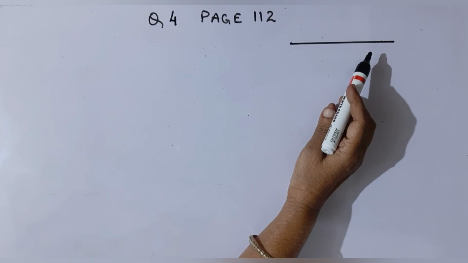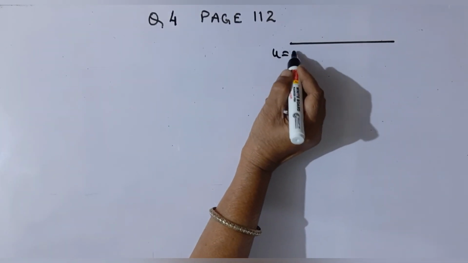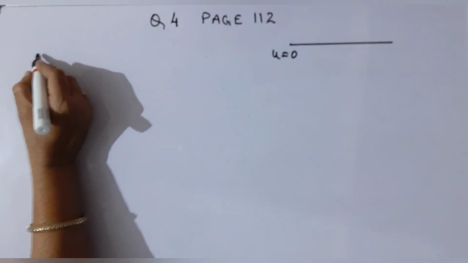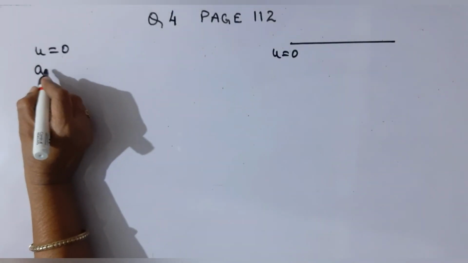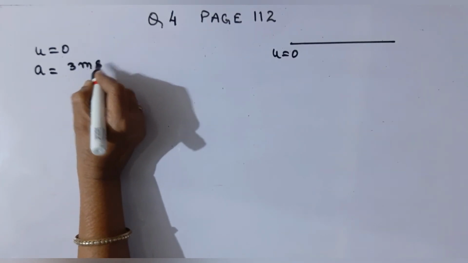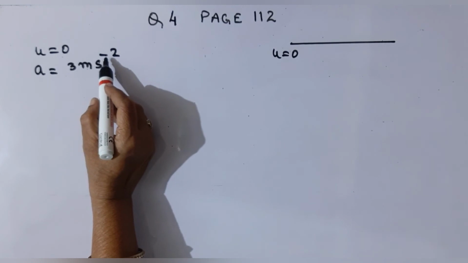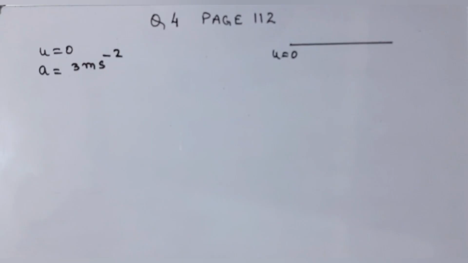Since the motorboat starts from rest, its initial velocity u is equal to 0. So we write u is equal to 0, given that acceleration a is 3 meter per second square.